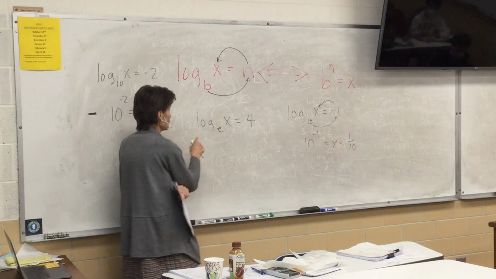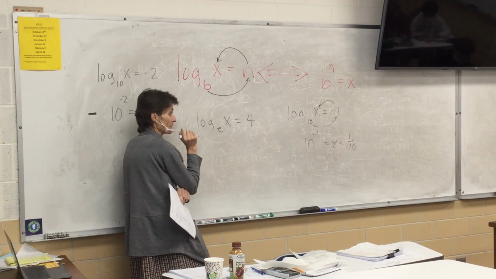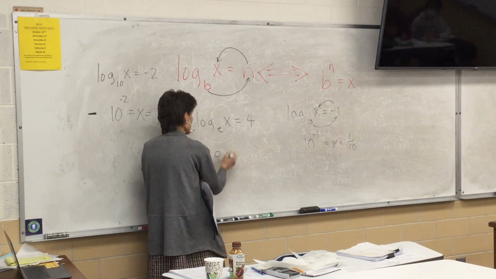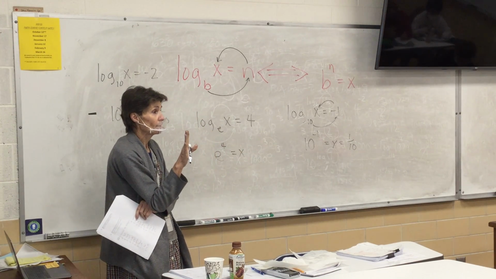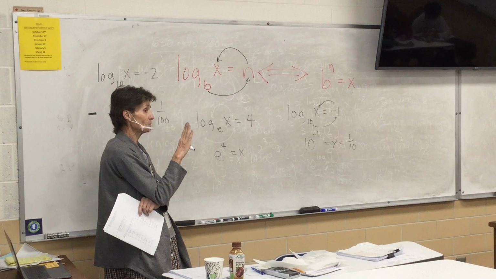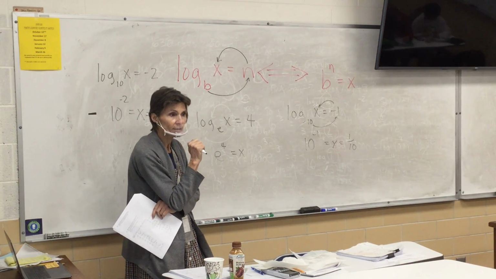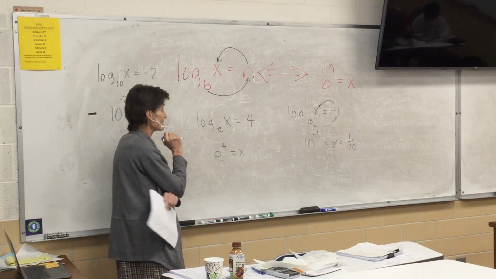So if it helps you to write it as log base e, write it that way. Then when you loop-de-loop it, what does it say? e to the fourth equals x. And that's the answer, e to the fourth. If we absolutely had to have a decimal, we'd go to our calculator and type in e to the fourth. But it's generally just fine to leave it as e to the fourth.